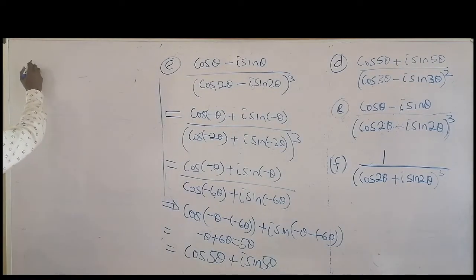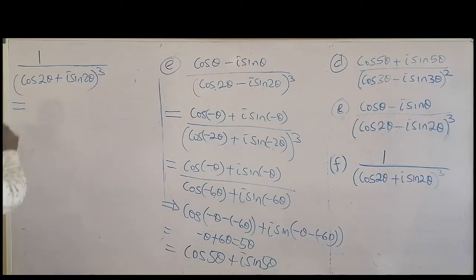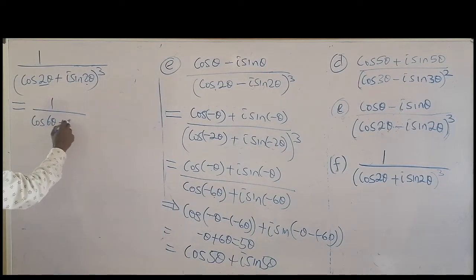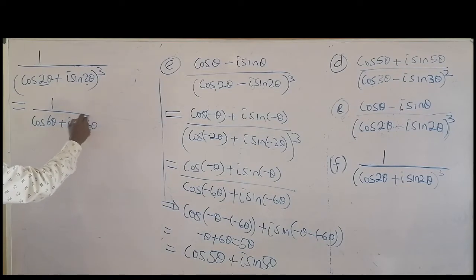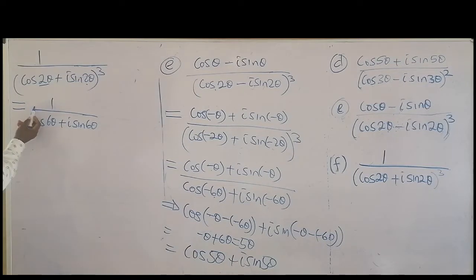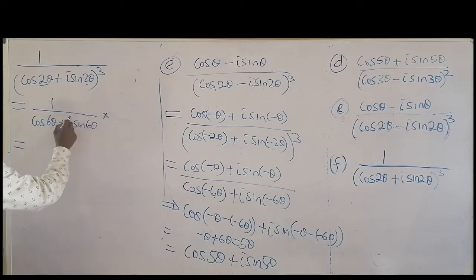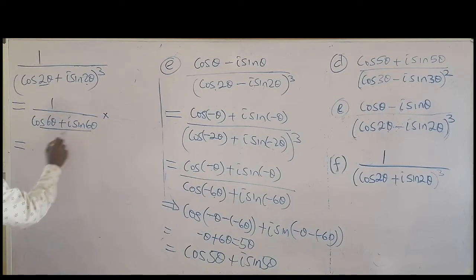For the last question, this is what we have. The first step is to apply the De Moivre theorem, and that will be 1 over this angle here times 3. So we have cos 2 times 3 theta, that's 6 theta, plus i sine 6 theta. Then the next step is to solve this. We're going to multiply this fraction by the conjugate.